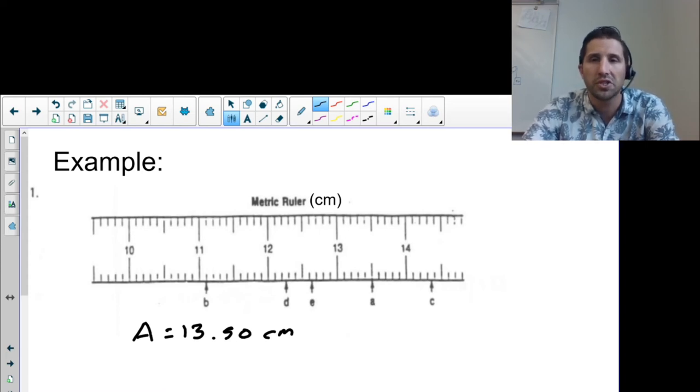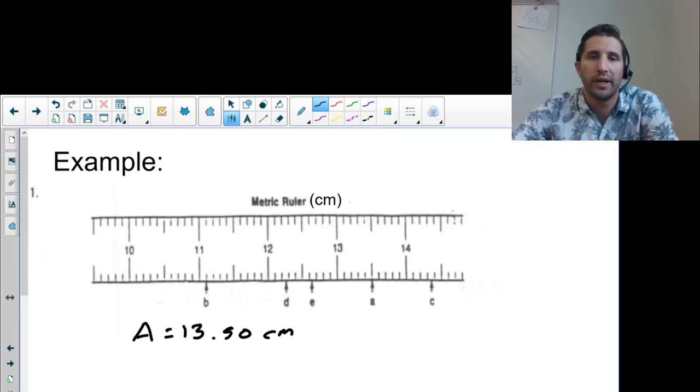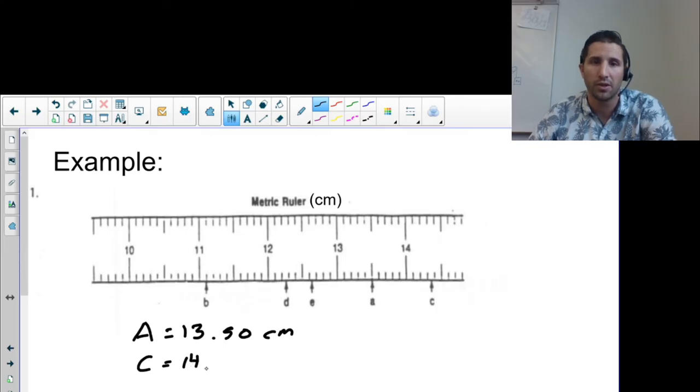Okay, so I'm going to skip now to C. Take a look at C and think about what you might use as the measurement there. I can see that it's definitely between 14 and 15, so I can write down 14 for sure. It's definitely between 0.3 and 0.4, so it's 0.3.